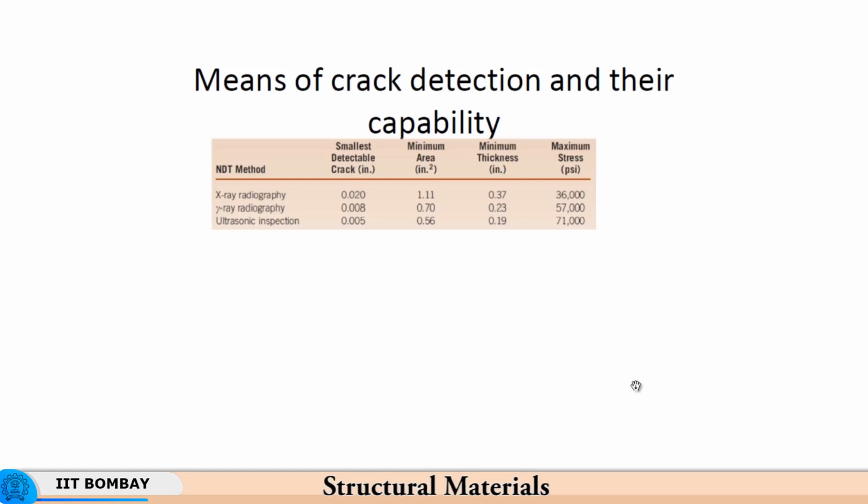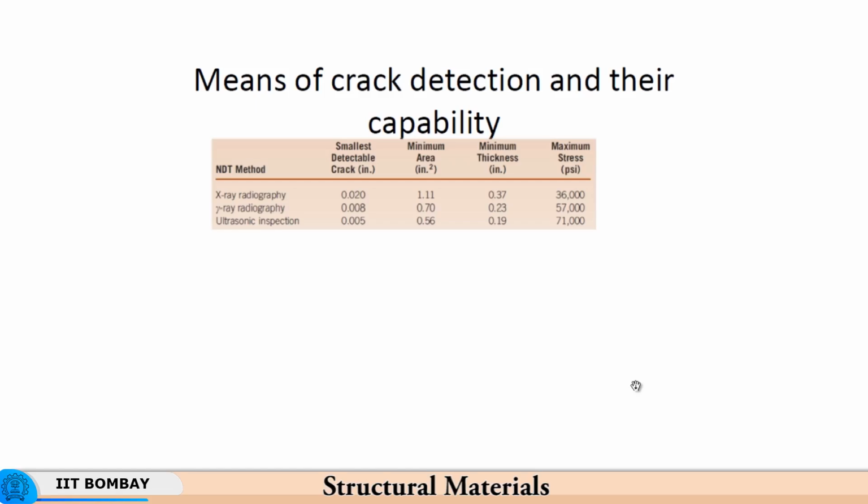Similarly, ultrasonic inspection goes further down, 0.005 inches, essentially 5 micro inches instead of 8 micro inches. So, essentially it will go to 0.125 millimeters as the size of the crack.